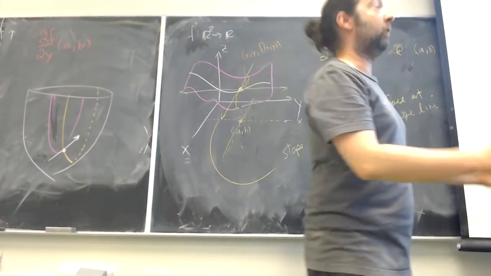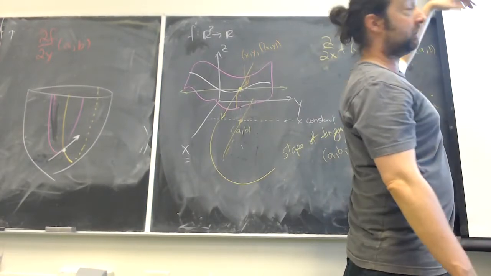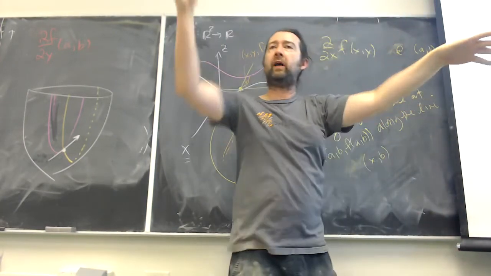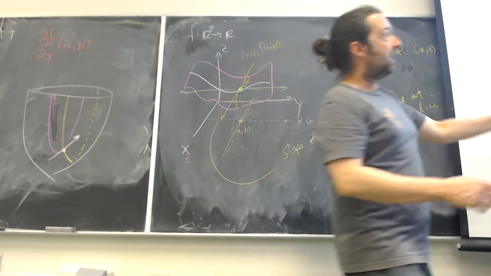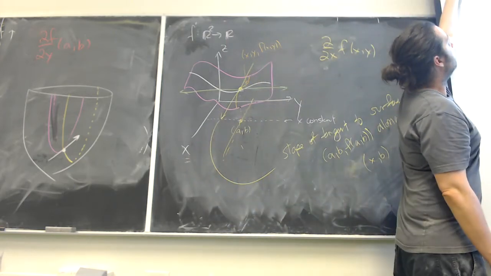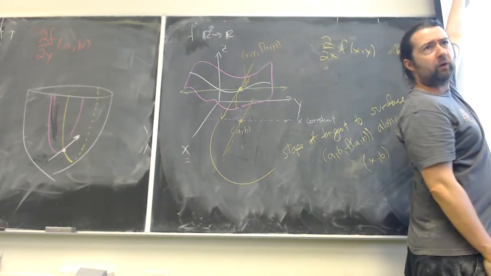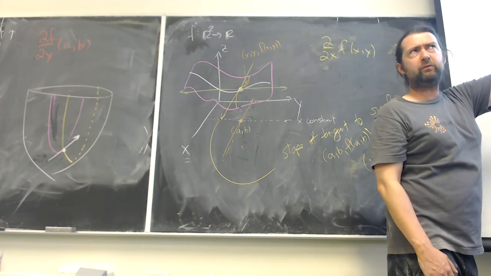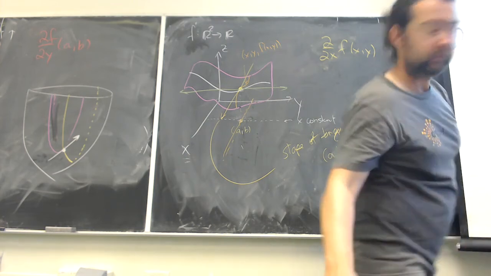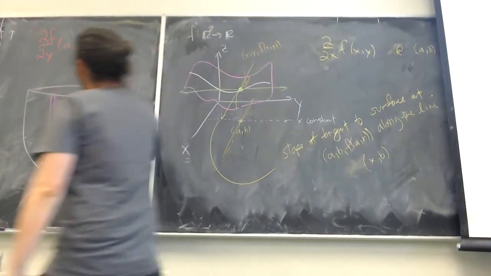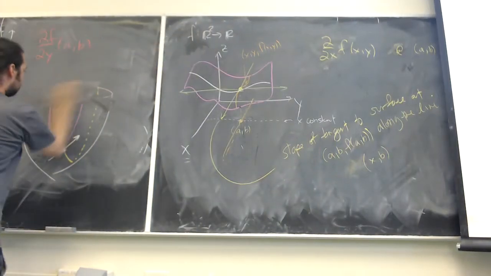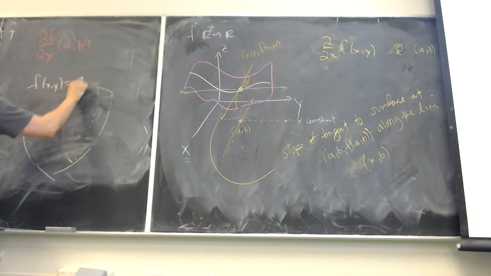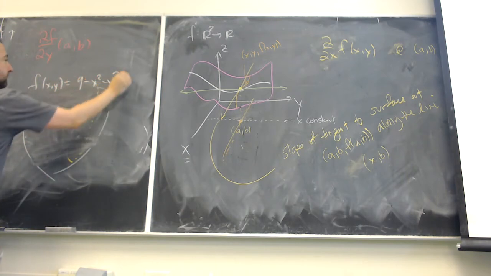Okay, so I've picked a point and I've evaluated a tangent line at that point. I think the point I chose was (1, 2). x is equal to 1, y equals 2. So x is 1, y is 2 means that z is equal to what, 4? 9 minus 1 minus 4 is 4, right? So what's going on in the background here is I started with the function f(x, y) equals 9 minus x squared minus y squared.